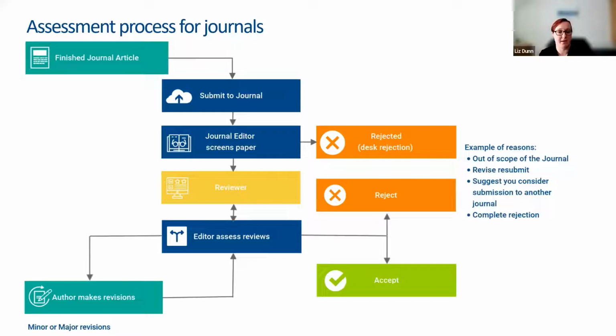That will usually be because it's out of scope for the journal or a reason like that. If it is successful, then the article will move on to be peer reviewed, and the editor will select some reviewers to provide comments on the manuscript. They'll then assess the reviews that are provided. At this stage, the article could be accepted, rejected, or most commonly sent back to author for revisions.